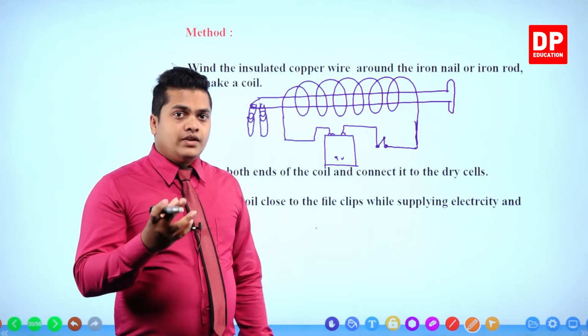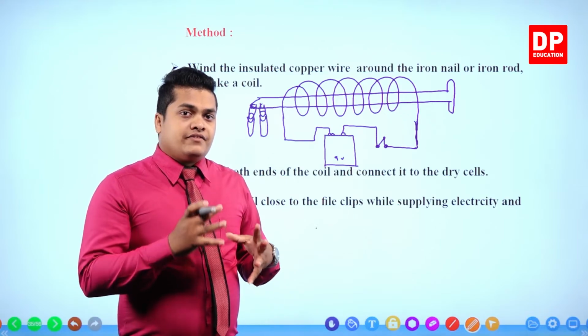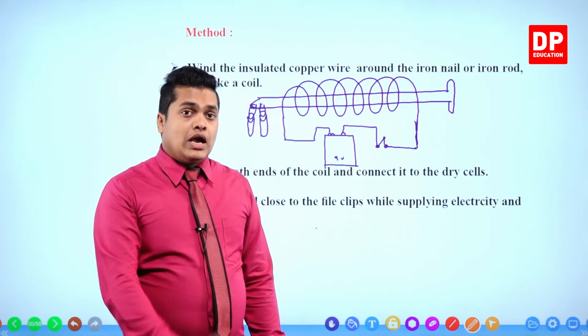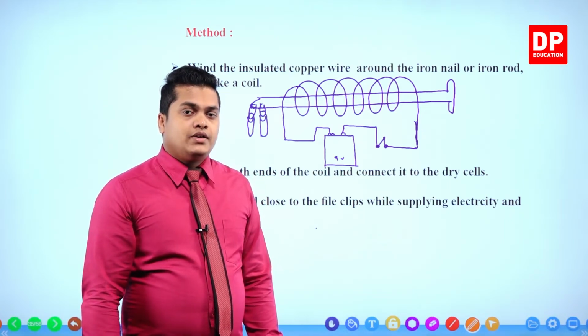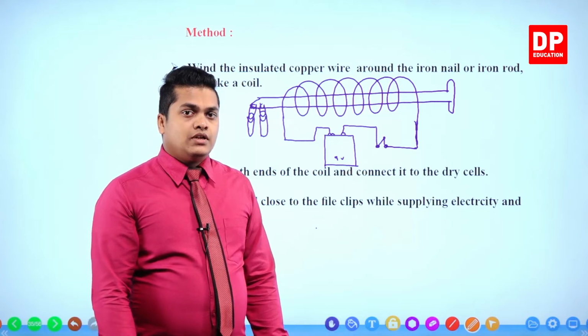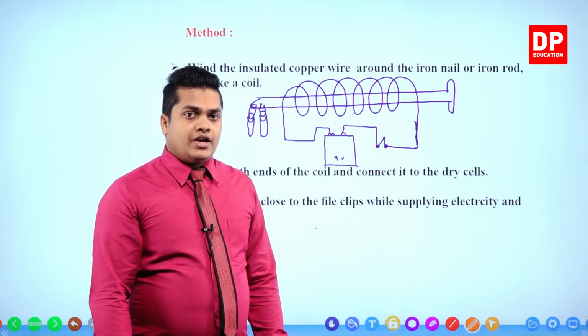It is obvious to us that the paper clips are going to be attracted to the iron nail, right, in this experiment. You can clearly observe the iron nail would attract them.